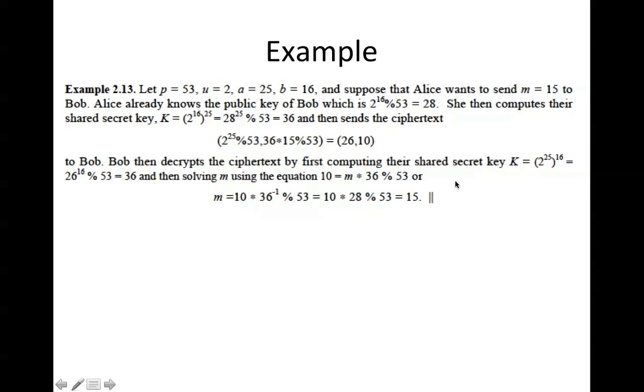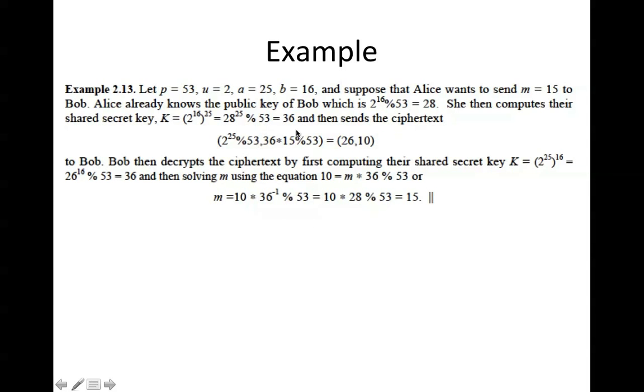So that's how the process works. As you can see, the shared key was used by Alice to send the message, and then it was used by Bob to decrypt the message. To encrypt and decrypt, we use the shared key.